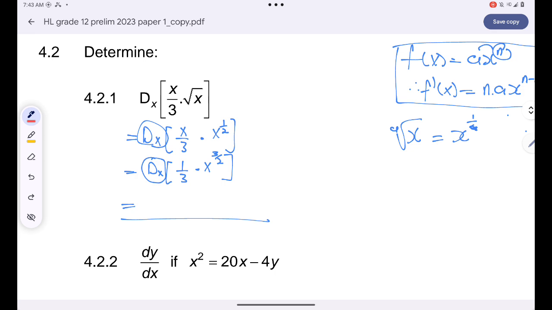So now finding the derivative, I'll simply use this rule. I will have 3 over 2 multiplied by 1 over 3, and then x to the power 3 over 2 minus 1. And then my derivative will basically be equal to 1 over 2 x to the power of 1 over 2. And that's how you should have derived that.